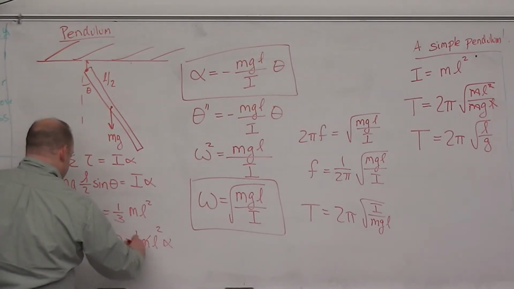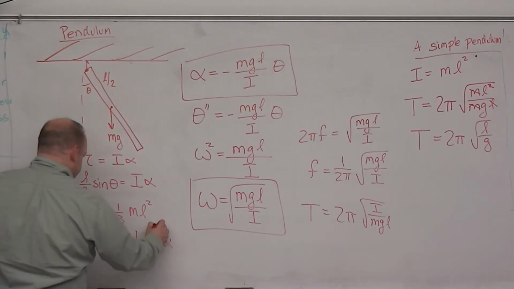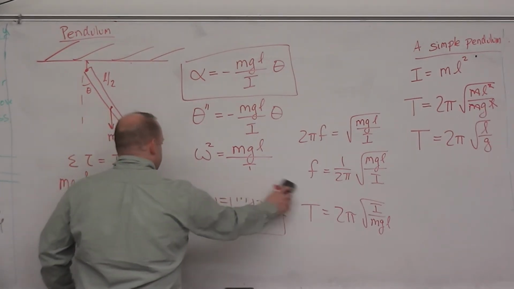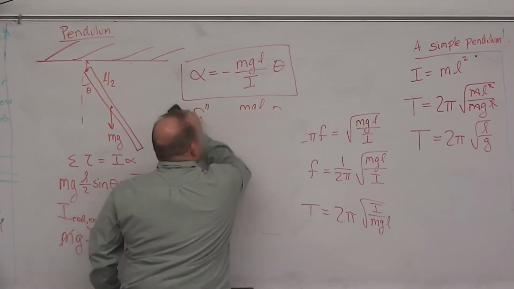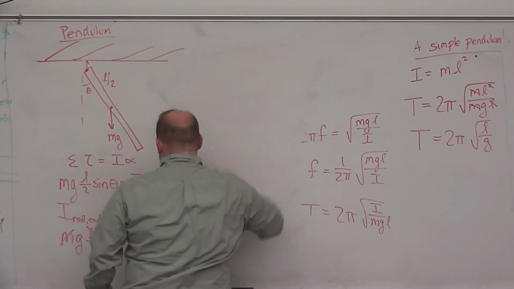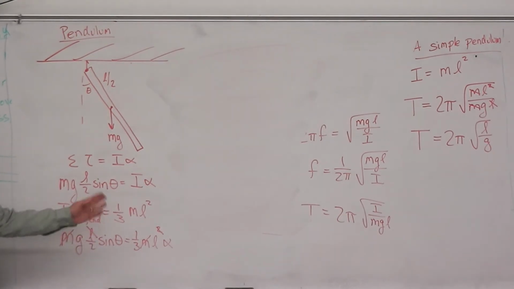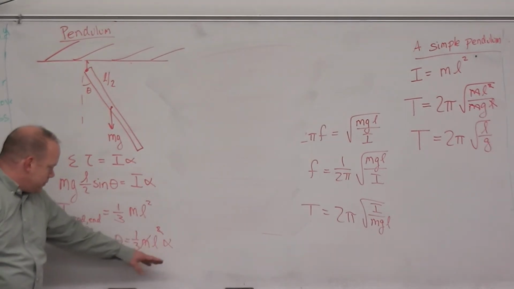The masses drop, and one of the L's drops. So now let me get alpha by itself over here.